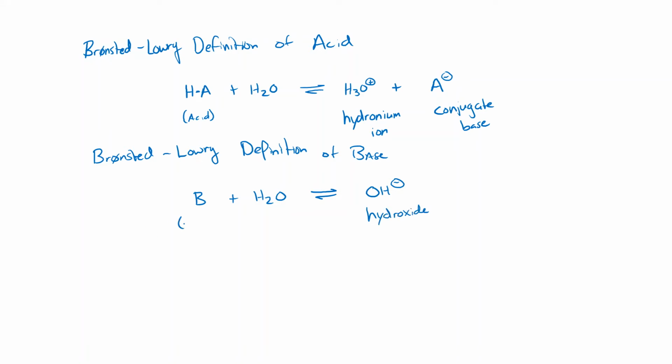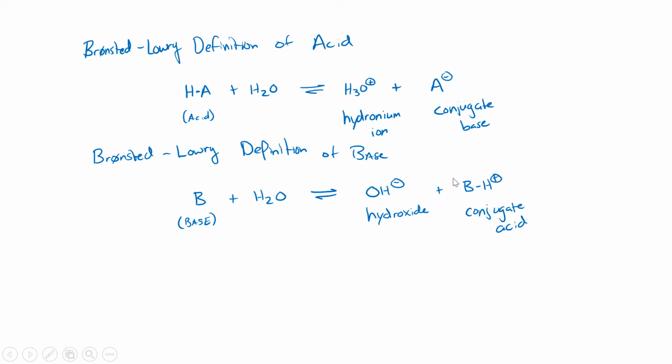Oh, this is our base. I guess I didn't write that down. So water will become hydroxide, and that means that now our base has added an H plus, and so we end up with a positively charged thing over here, and this is a conjugate acid. So now you'll notice that your conjugate acid, you have an acid on this side, so the base becomes an acid when you add H plus to it.